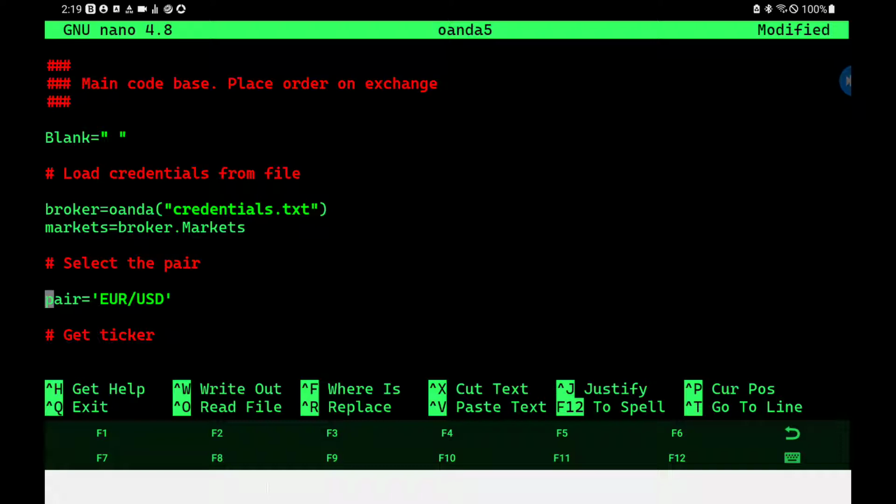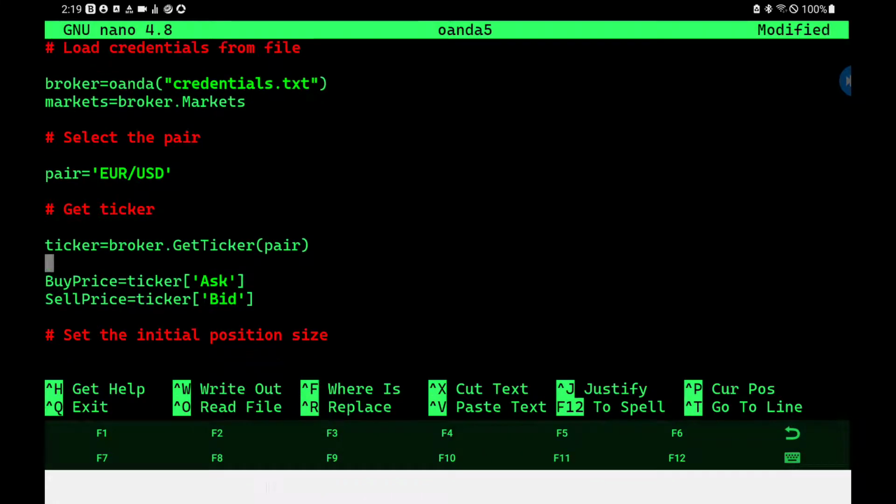We want the Euro USD, but you can use whatever asset the exchange provides for your time frame and opening periods. We get the ticker, which gives us the buying price and selling price at that moment. Your bid and your ask.